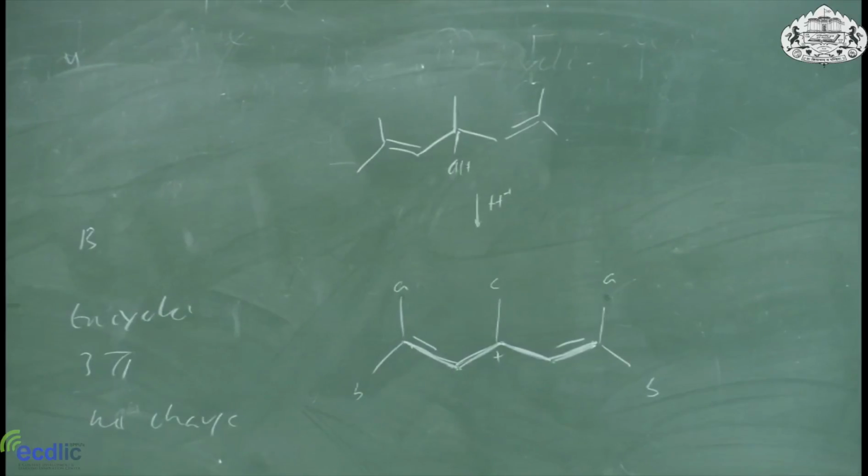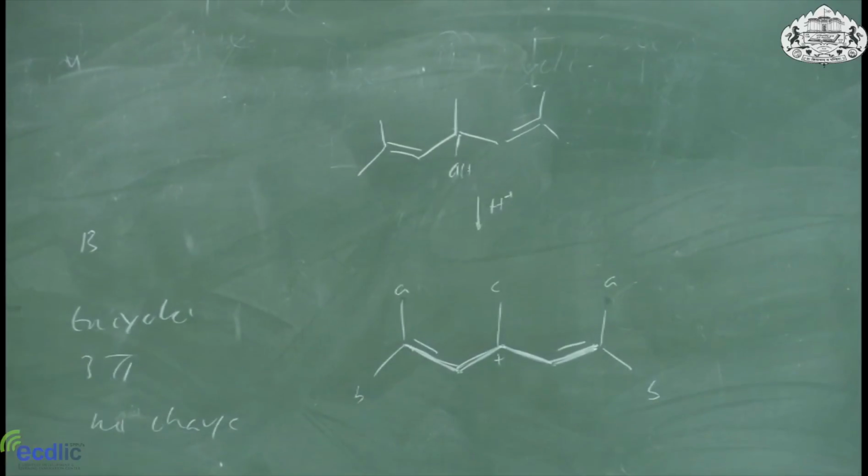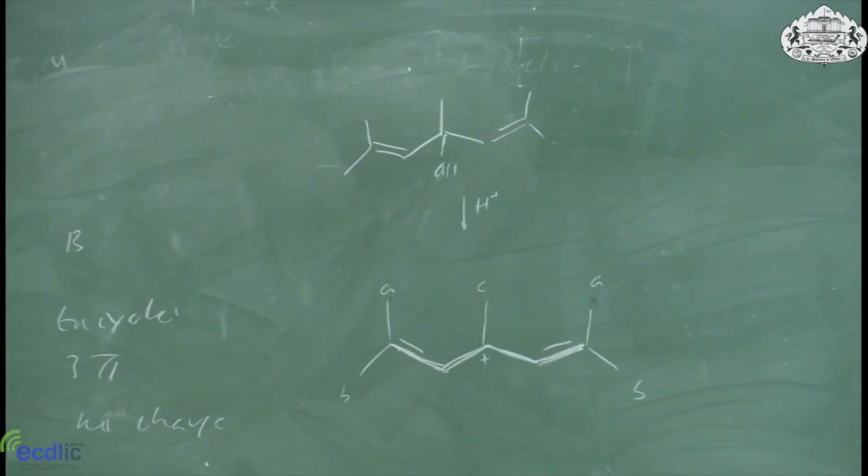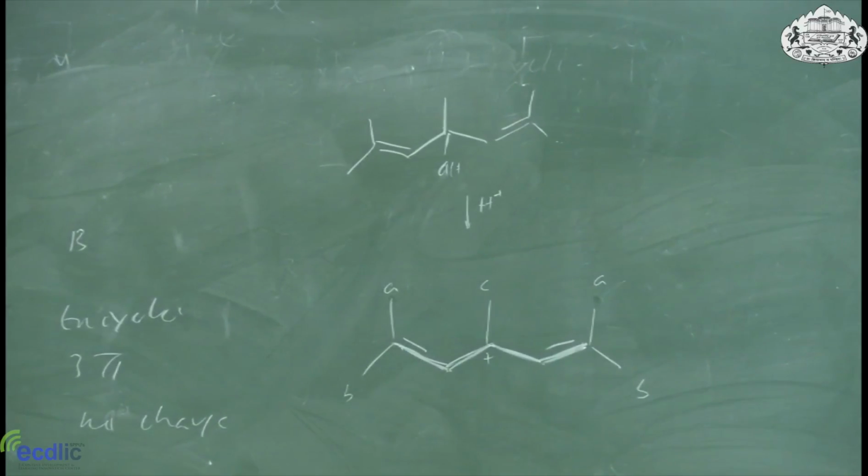So, we will see three types of methyls, and all methyls in the NMR spectrum will be attached to sp2 carbons. So, all methyls will be quite downfield.